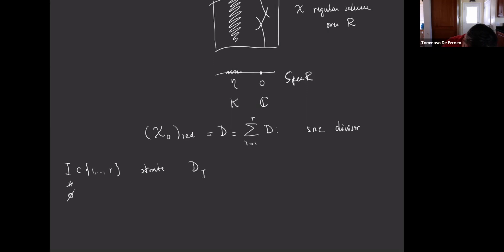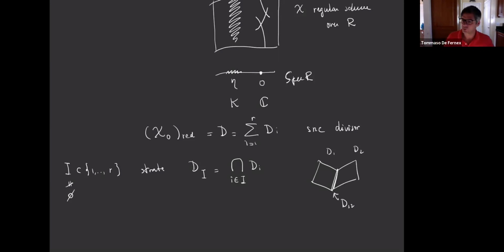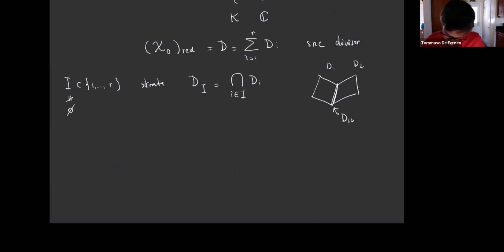I look at the strata D_I, which is just the intersection over all the i inside I of the components D_i. So for instance, if I have 2 divisors, D1 and D2, the thing in the middle will be D_{1,2}, the intersection.